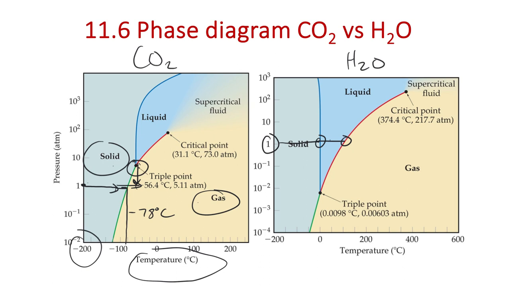And so we were talking previously that if you reduce the pressure, so if you have a vacuum pump reducing the pressure, or if atmospheric pressure wasn't as high, what would happen to water is that it would still undergo a normal melting process as long as we were above the pressure of the triple point. So the triple point of water is right around 0 degrees C and really low in pressure.